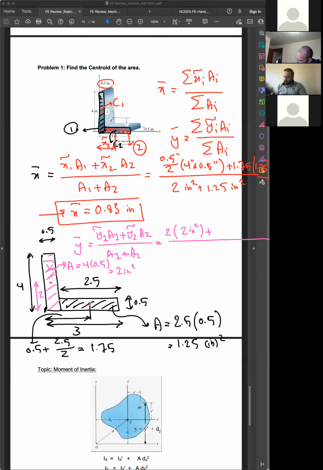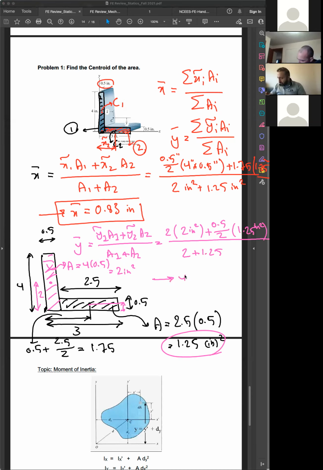The y of this guy is this much, right? The y of this one is a half, times the area you already found here, 1.25 square inches, over the summation of areas. Okay.